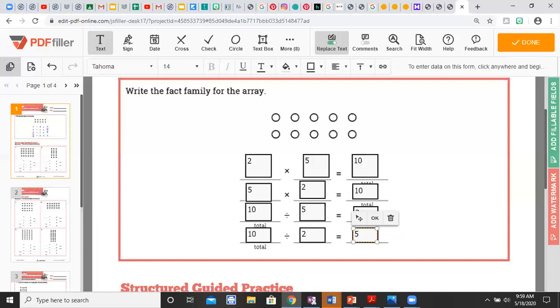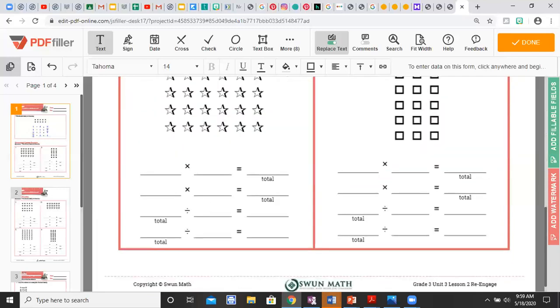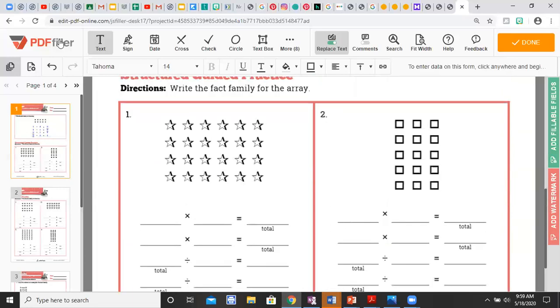So let's take a look at the next one. Okay, so here, boys and girls, I see stars. I see a group of stars here. So this is row 1, row 2, row 3, and row 4.